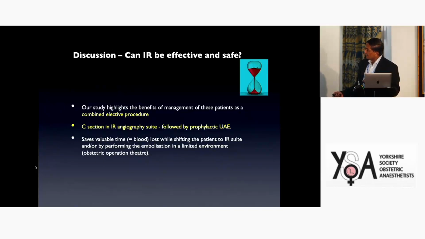What our study highlights is that a combined elective procedure, with the C-section done in an angiographic suite followed by prophylactic uterine artery embolization, is probably far safer than doing it in the obstetric theatre.